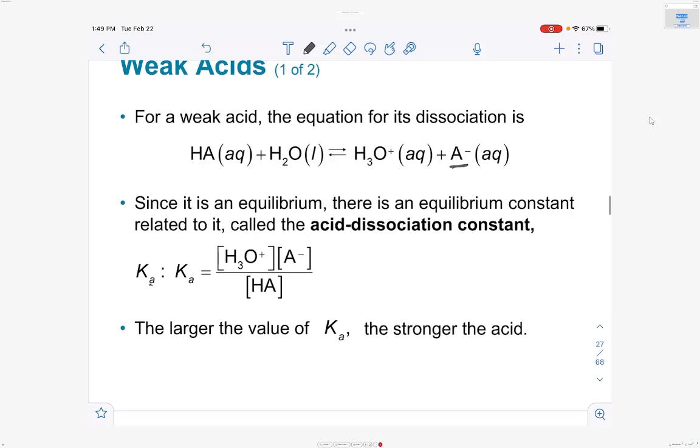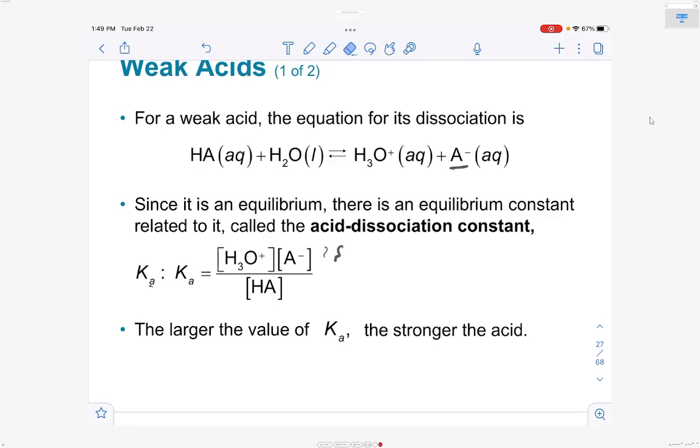The Ka is going to be the concentrations of products, each raised to the power equal to its coefficient, divided by the concentration of reactant.